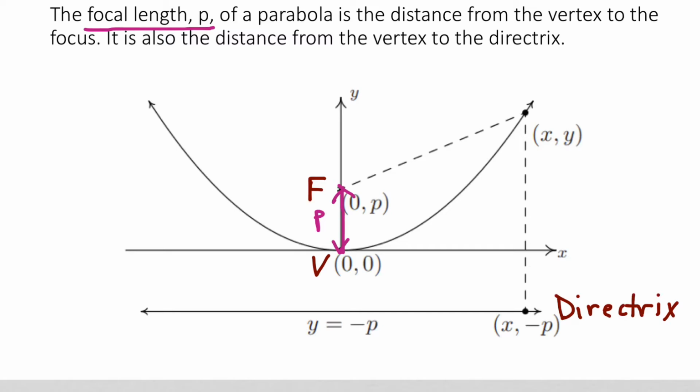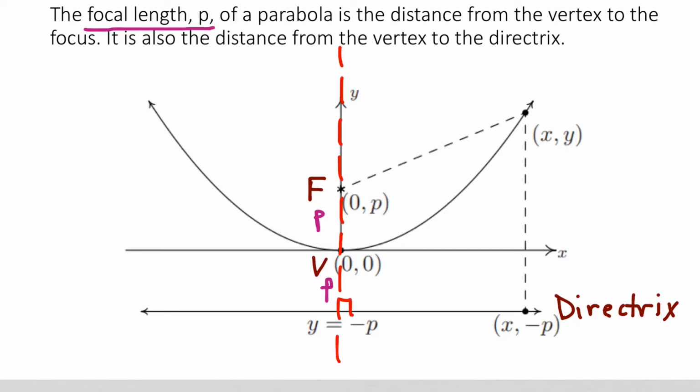So in order to get the point that corresponds to the focus F, you go up by the distance P. So your coordinate pair would be x is 0, y is P. All right, and then because these two distances are the same, we would go down by the same distance P to land on where your directrix would cut through, and your directrix is always going to be perpendicular to the axis of symmetry of your parabola.